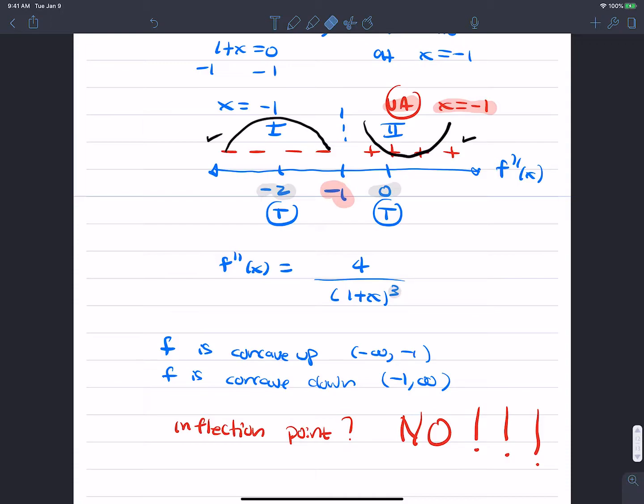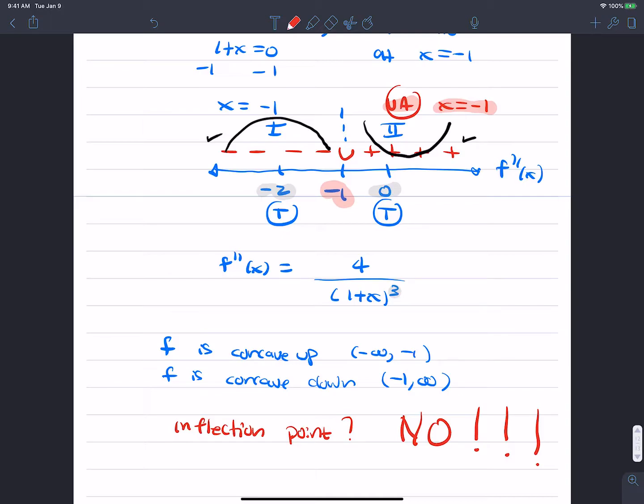Go back and consider, do you even have a point that's on the curve at the location where you change concavity? And in this case, the point isn't even on the curve. So it can't be an inflection point, a very special point on the curve where you change concavity. Yes, concavity changes at that location, but that location isn't a point on the curve.